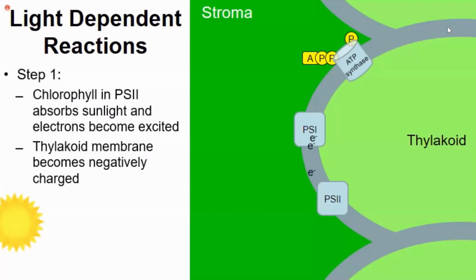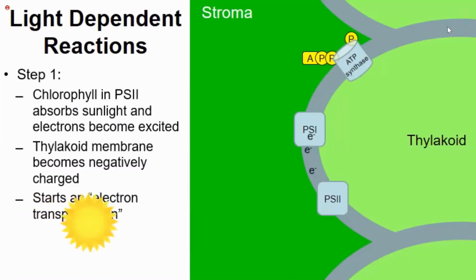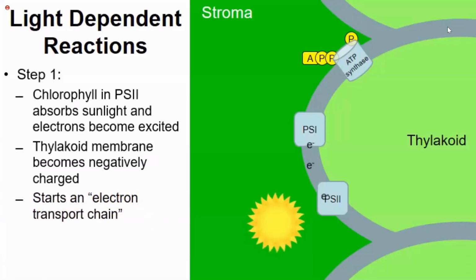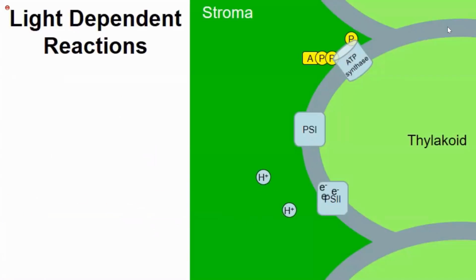As the electrons are flowing through, there are also proteins embedded within the thylakoid membrane that are aiding their travel. I just didn't show them in my animation. But this starts what we call an electron transport chain. It's a chain of events set in motion by these electrons.